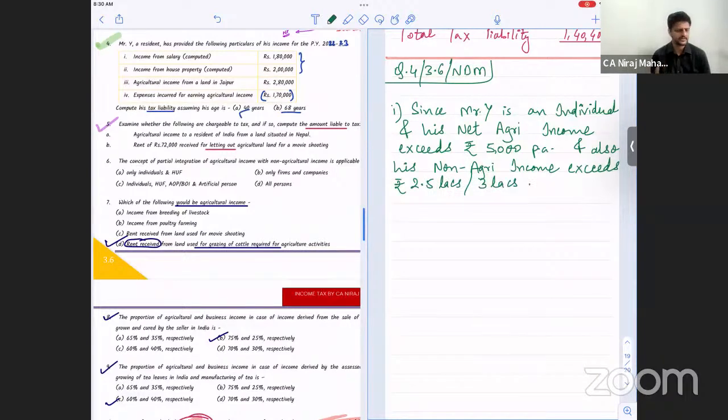Correct? I hope this is clear because we have 2 cases, no? Therefore, partial integration scheme is applicable.